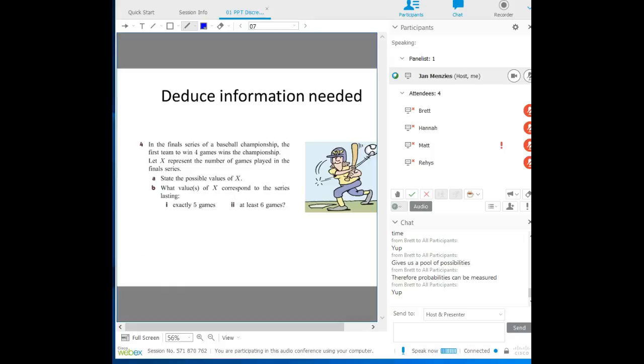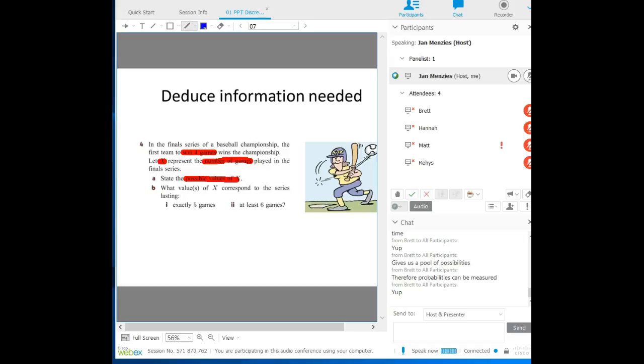All right, so can you again have a look at this question, highlight key information? All right, so let's assume you're ready to do part A. Do people want to start saying the possible values of x?